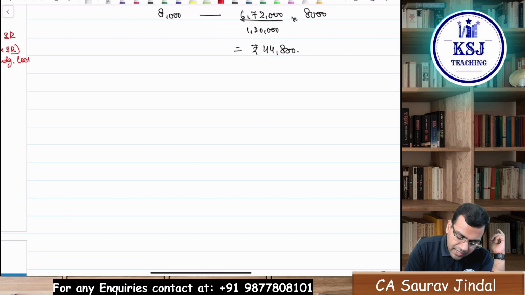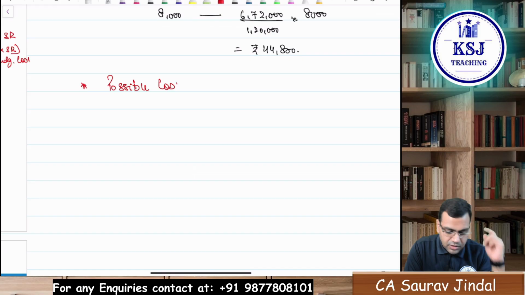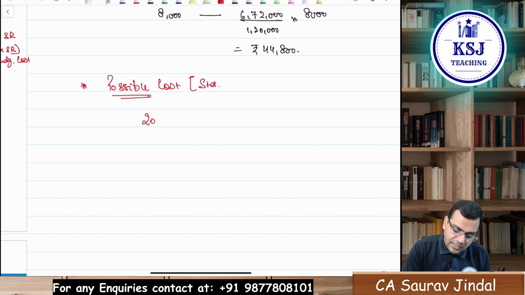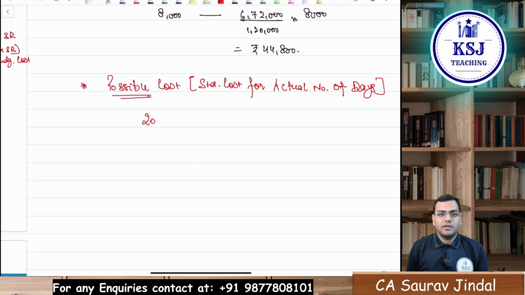So what I want to calculate here is the possible cost. That is my standard cost for actual number of days. How will I calculate? For 20 days, my cost is 1,09,000.